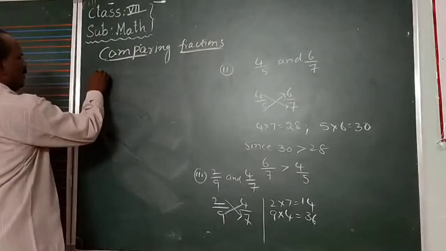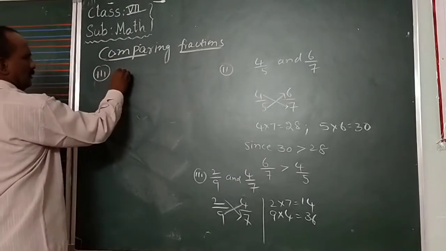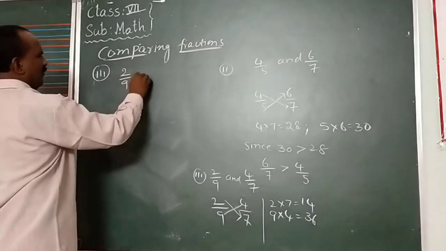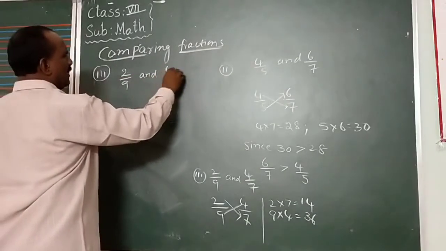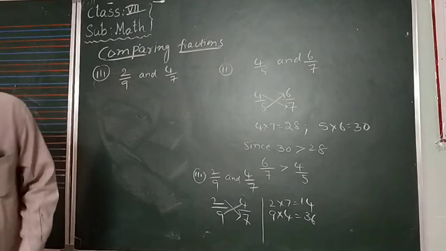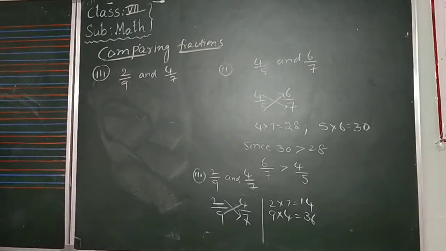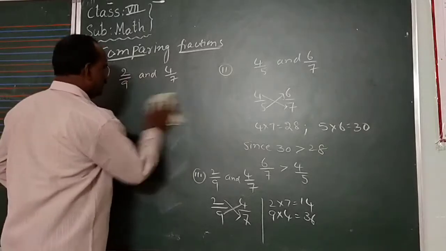Third one, 2/9 and 4/7. In these two, which one is greater?